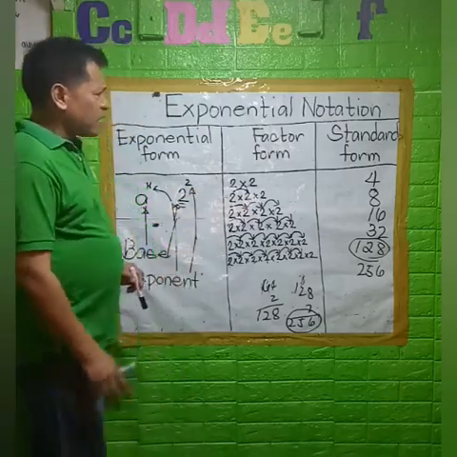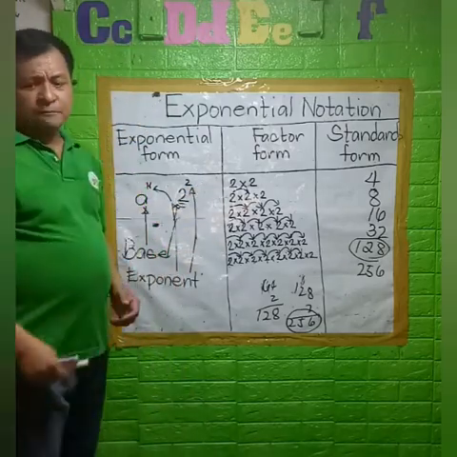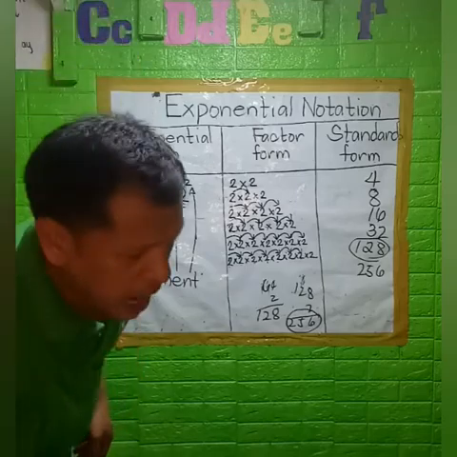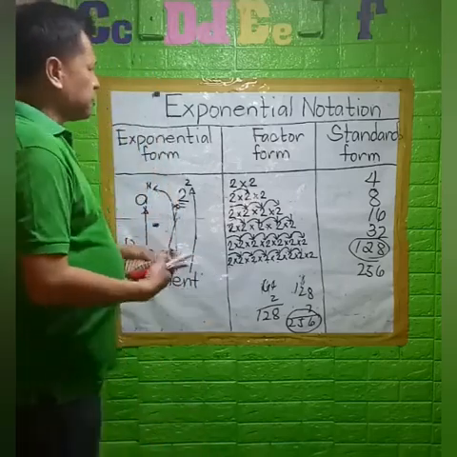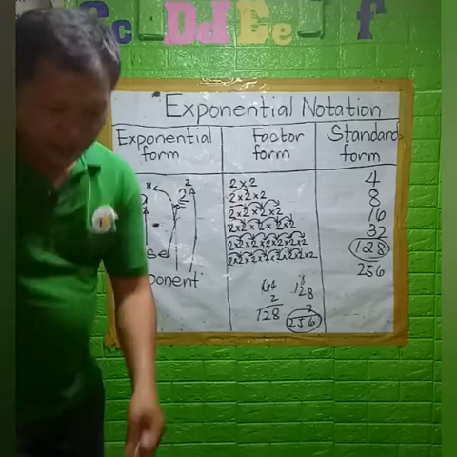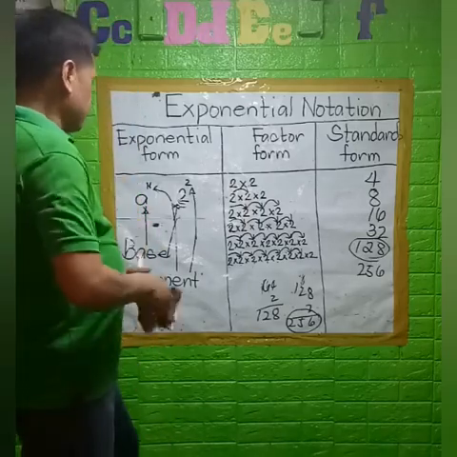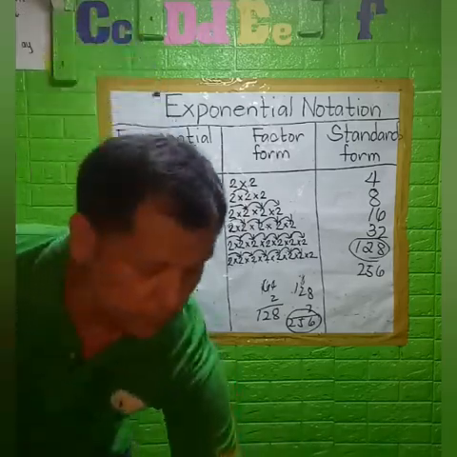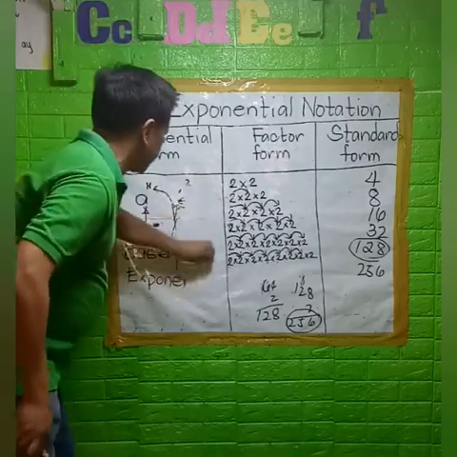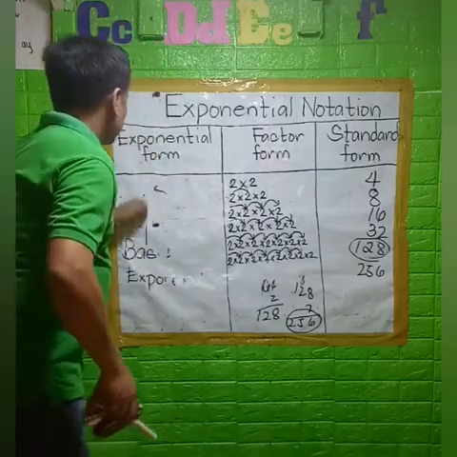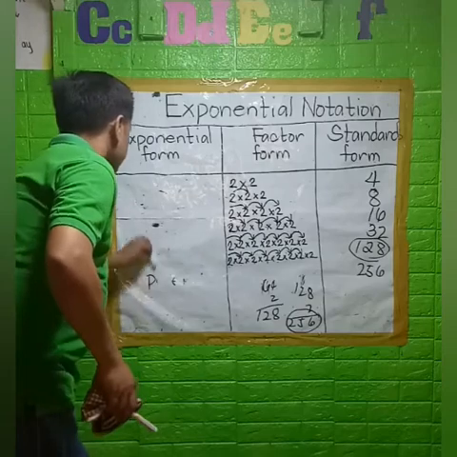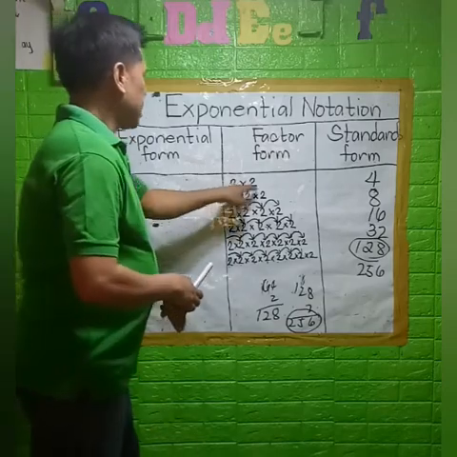So what about the exponential notation? How can we write the exponential notation of this given equation? Let's just have an example here. The first example that we have, 2 times 2.